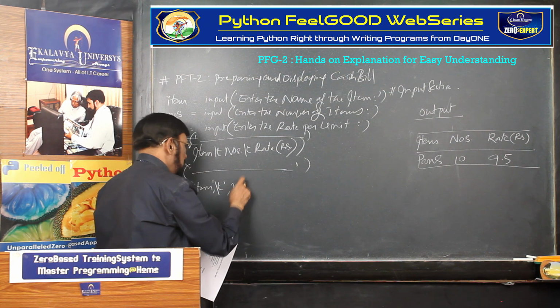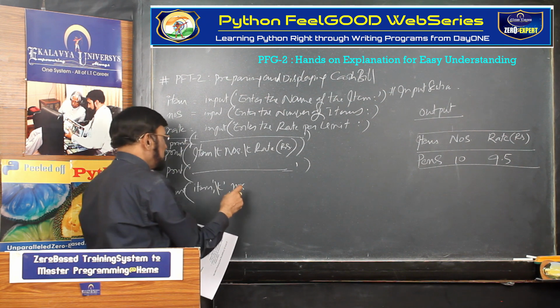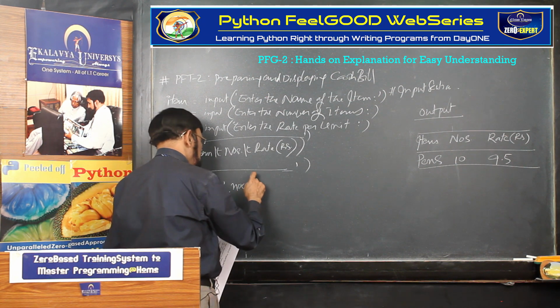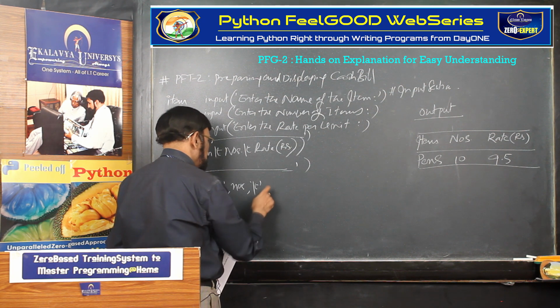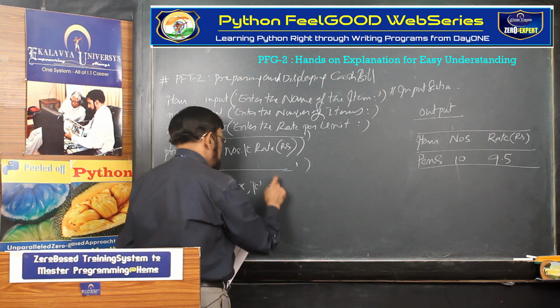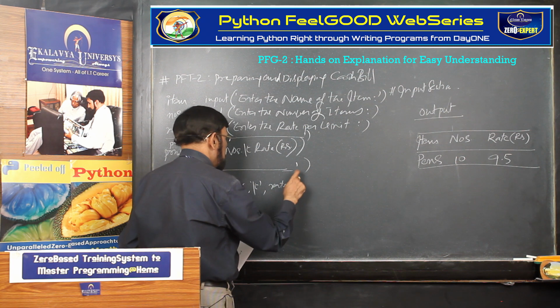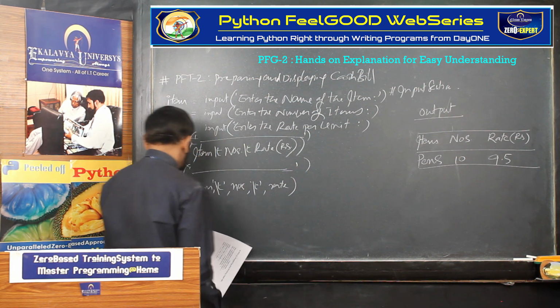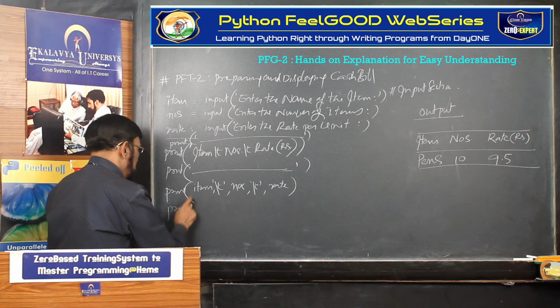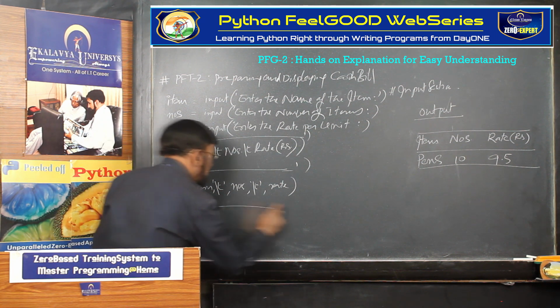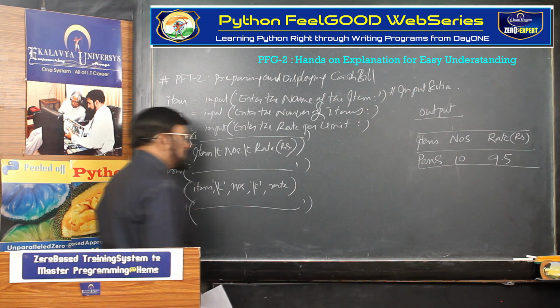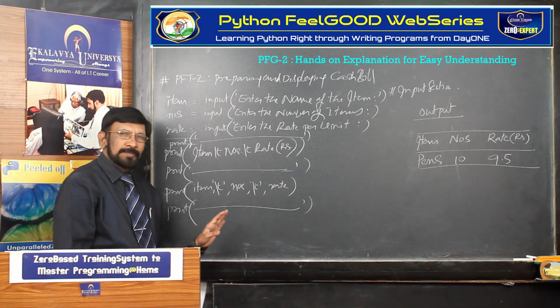Item. Numbers, write the exact spelling. Comma. Again horizontal tab. Comma. Thereafter, rate. This you write. Thereafter, print. This you write. Your program is ready.